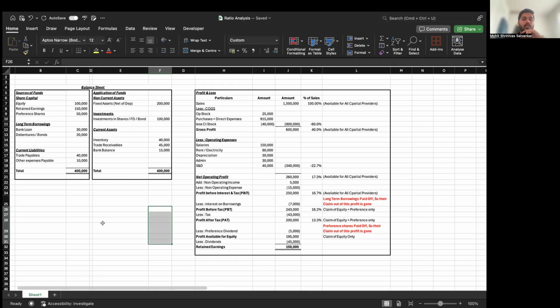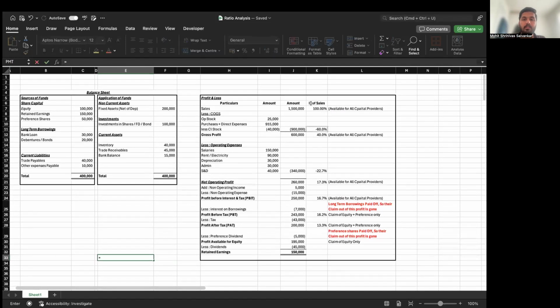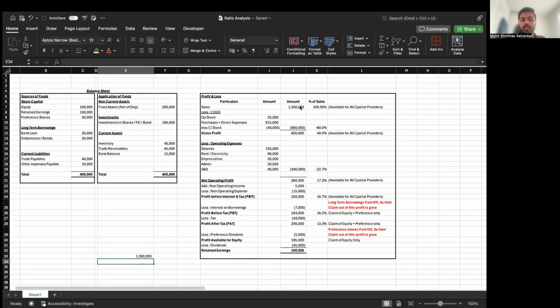Okay. Getting back to the PPT. So we looked at these three ratios in terms of number of days, but it's not necessary to look at it in number of days only. We can also look at it in terms of times. How many times did the receivables turn over within the business? Like this is the credit sales, and this is the average receivables that we had.